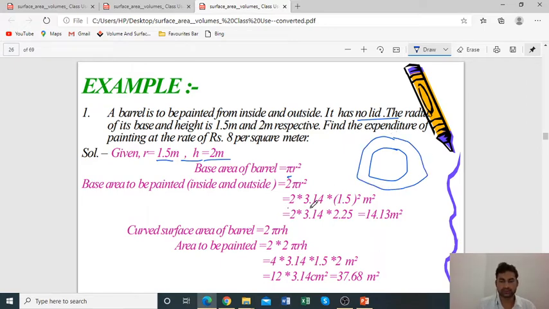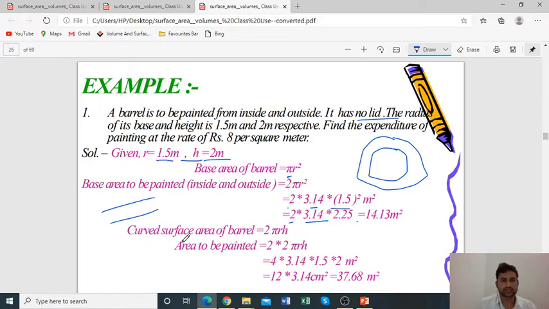So 2 multiplied by the pi value 3.14 multiplied by 1.5 square, which is 2 multiplied by 3.14 multiplied by 2.25. So the base area to be painted is 14.13 square meters. Next, the curved surface area. We also paint the curved surface.